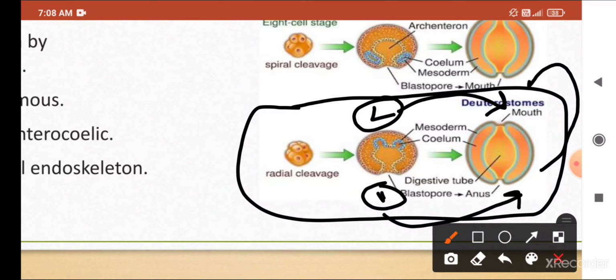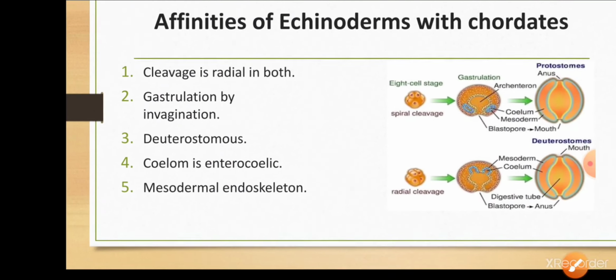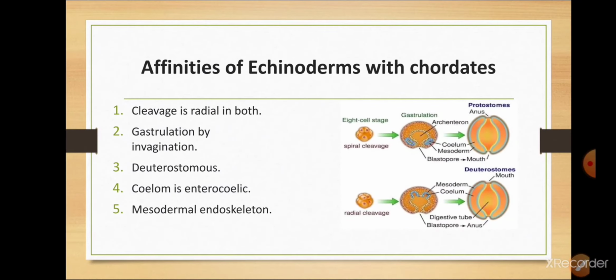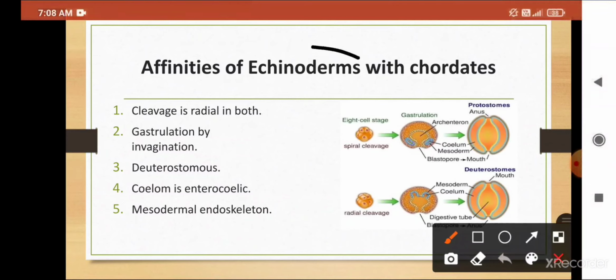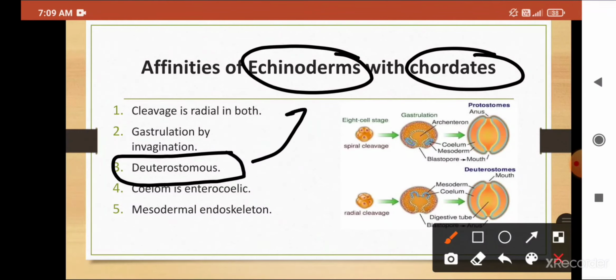This kind of process is known as deuterostomous. Most of the animals are deuterostomous and some are protostomous. But if we see the echinoderms and chordates, they both are deuterostomous in nature.